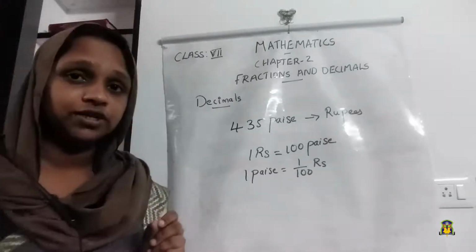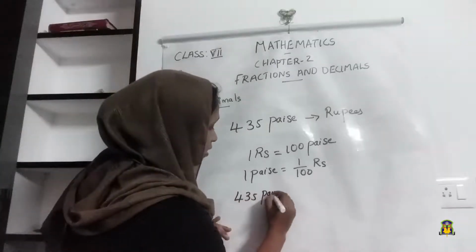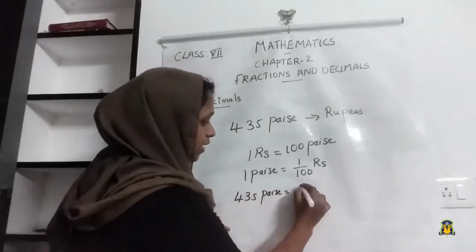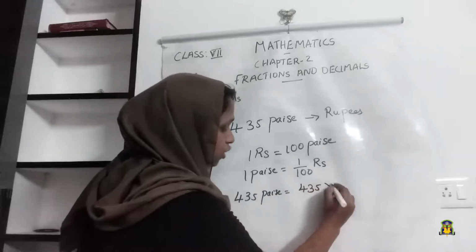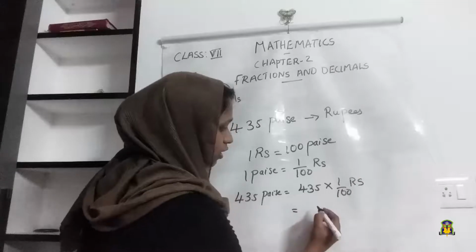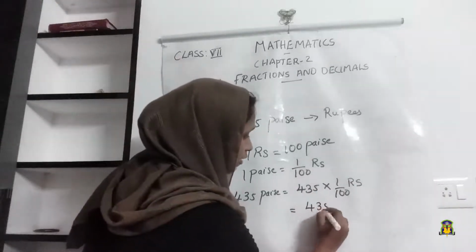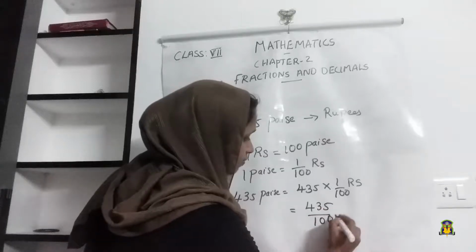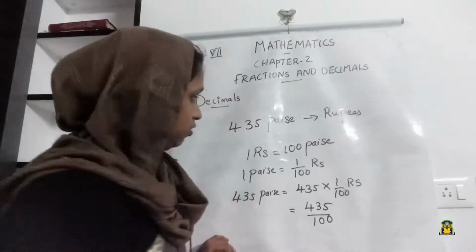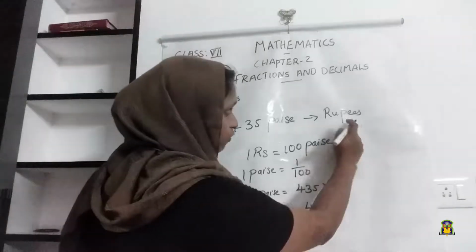What do we want to find? Yes, 435 paise. What is 435 paise? It is 435 into 1 by 100 rupees, which is equal to 435 by 100 rupees. You can write this as rupees, since we want to convert to rupees.